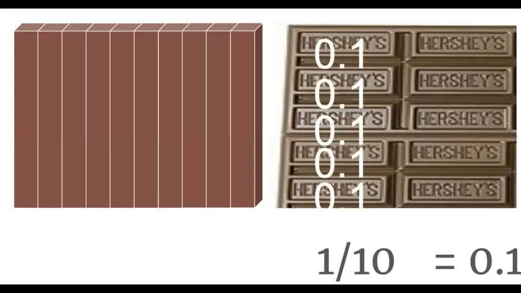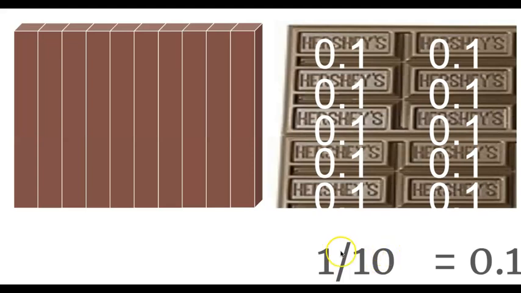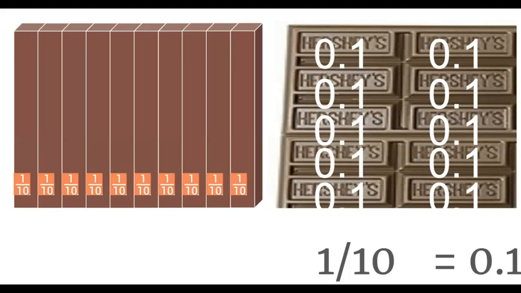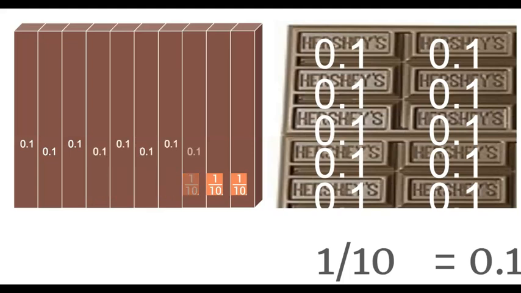So each one of these pieces here is worth 1/10. It's just a different way of writing this fraction right here. So you can see over here I've split our cartoon candy bar into 10 equal pieces, and each one of those is worth 1/10. But remember, the other way of writing that is 0.1. So each one of these is 1/10, just written a different way.